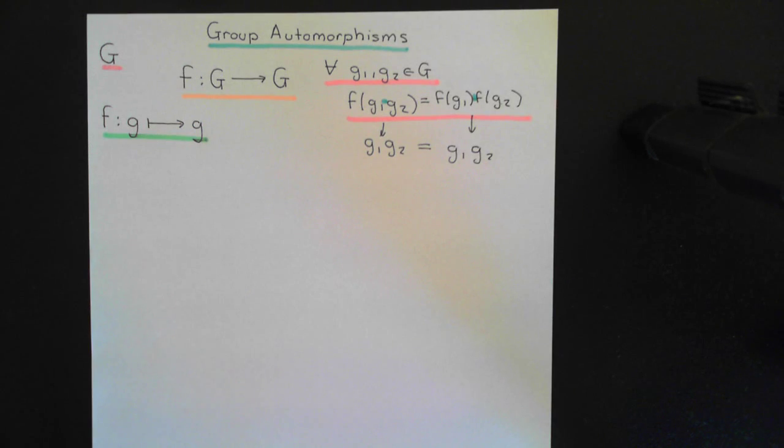So for any group, the identity map, which just sends all of the elements of the group onto themselves, is always a group automorphism. It's not a very interesting example of a group automorphism, but it is a group automorphism.